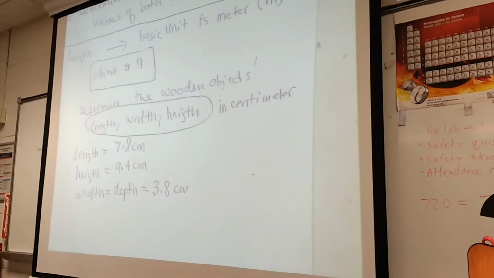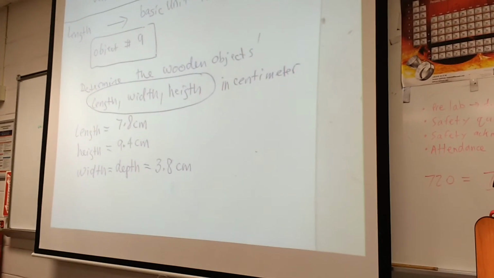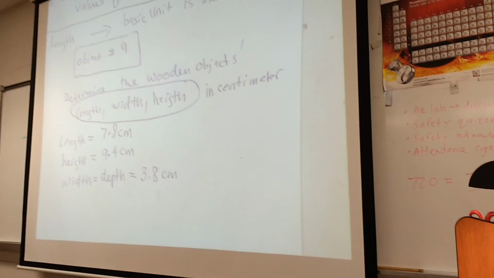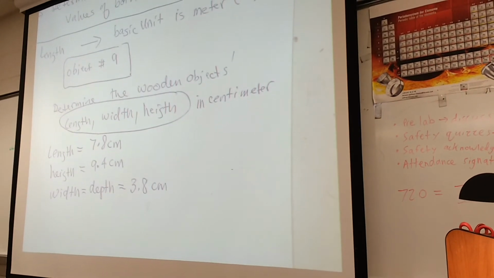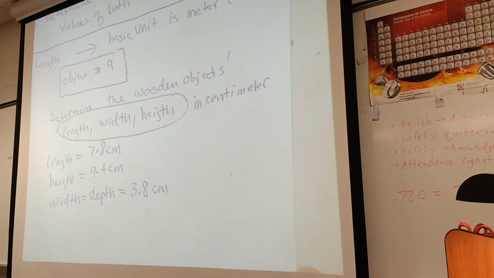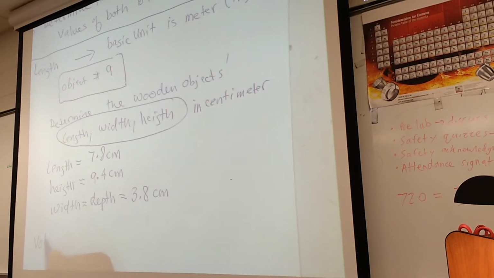So now we practiced as an exercise measuring the length, width, and height of an object, which is not a cube, but rectangular. After that, we have to determine its volume, which will come next. What's the volume of the rectangular object we have?